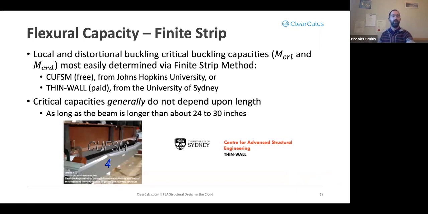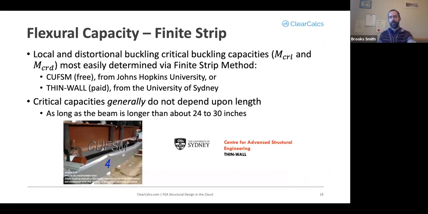And there are two main programs that I'll point to. There are others available as well, but two that I'll point to here. CUFSM is available for free, produced by Johns Hopkins University. And Thinwall, which is produced by the University of Sydney in Australia. That does cost money for commercial use, but both of these will do finite strip analysis for you.